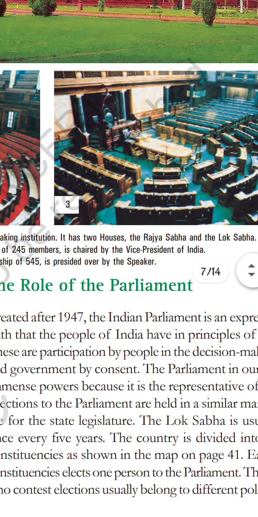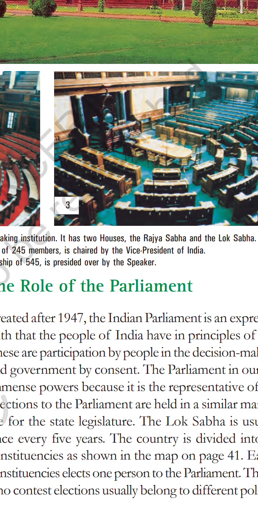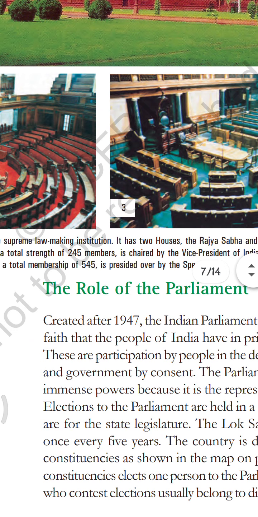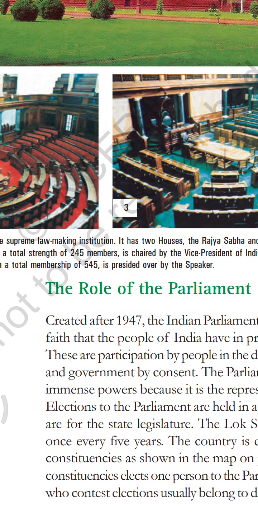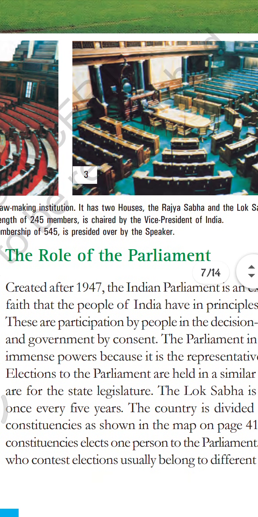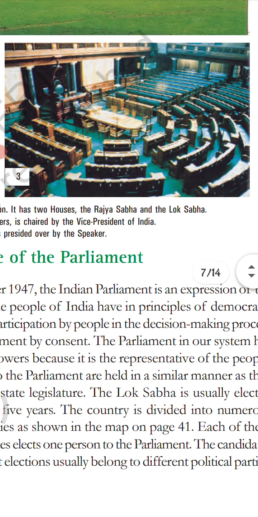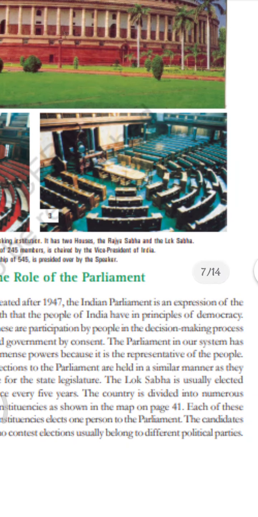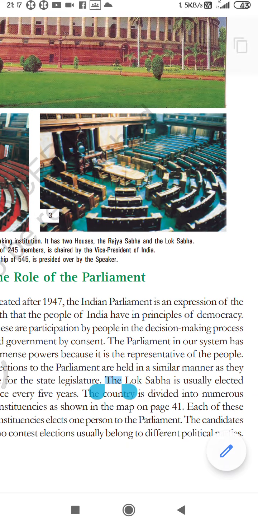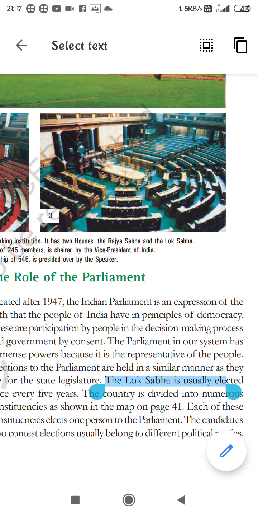So what does parliament consist of? The parliament consists of Lok Sabha, Rajya Sabha, and the President of India. We discussed this question also. See, the elections to the Lok Sabha are generally held after every 5 years.